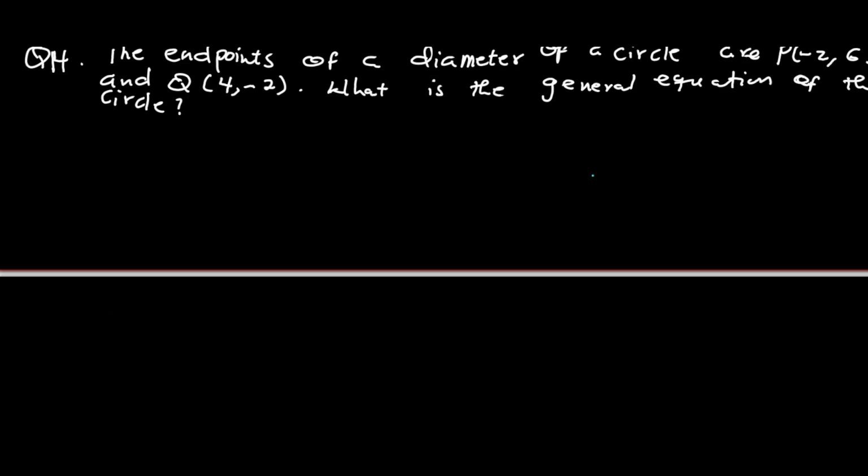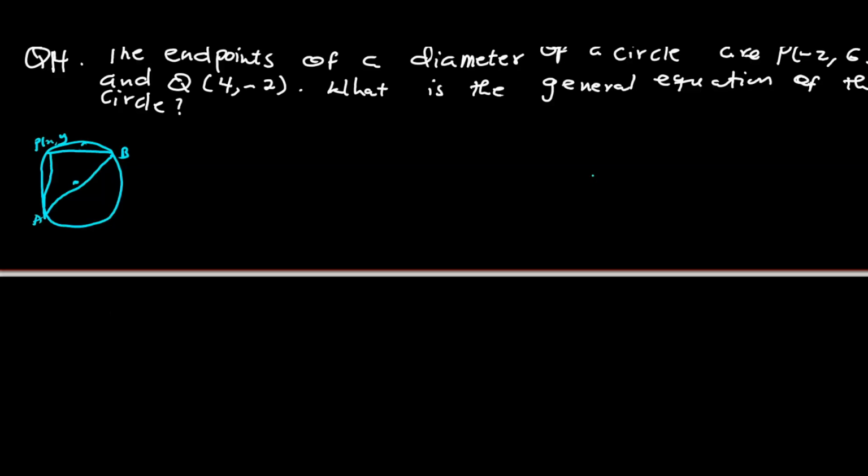If we have the circle and our diameter, then we consider any point on the circle, which is (x, y), and this point is perpendicular to the endpoints A and B.